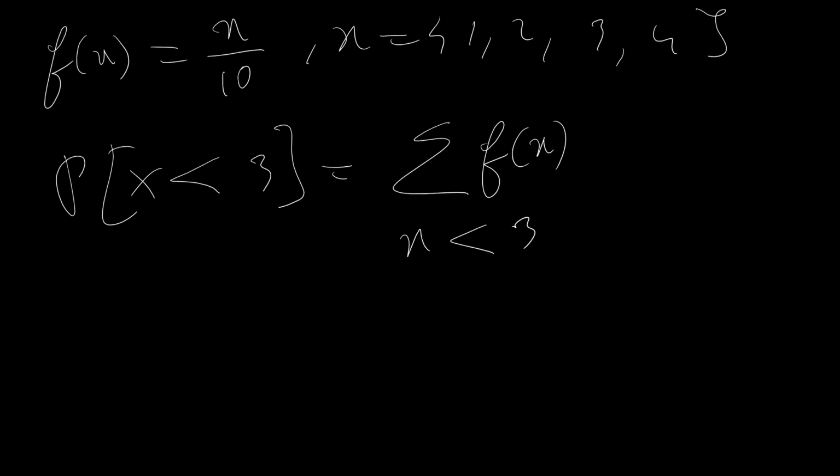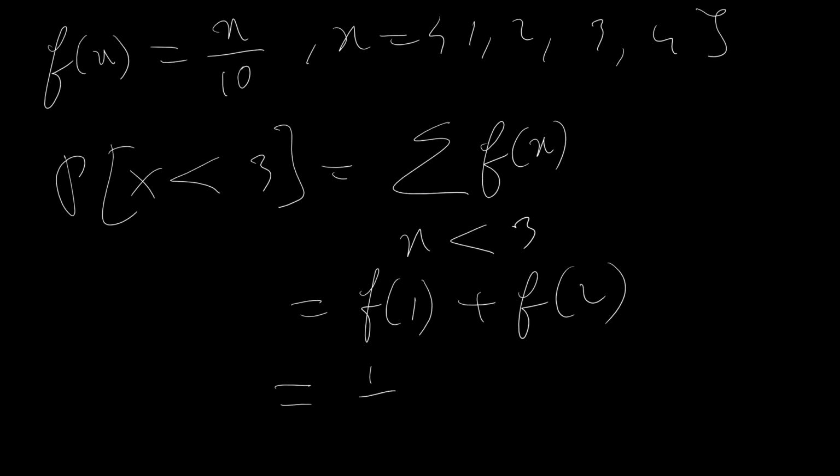That's what it means. So basically this is going to be f of 1 plus f of 2, right? Because these are the only values that we can have less than 3. So this is going to be basically 1 over 10 plus 2 over 10, which is 3 over 10. That's the probability that we get there.